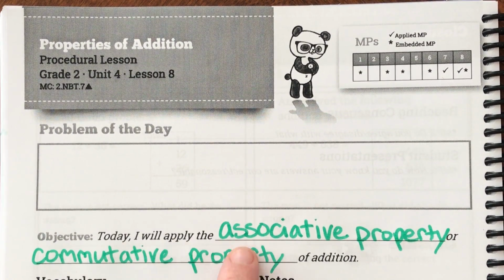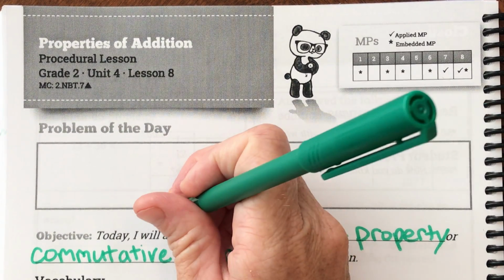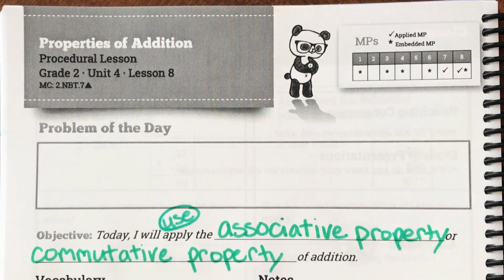So today I will apply the associative property or commutative property of addition. Okay, so that's what we're going to do. Apply means use. That's what apply means. So we're going to be using these properties.